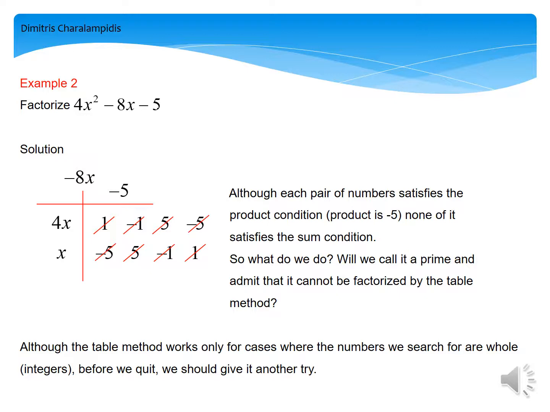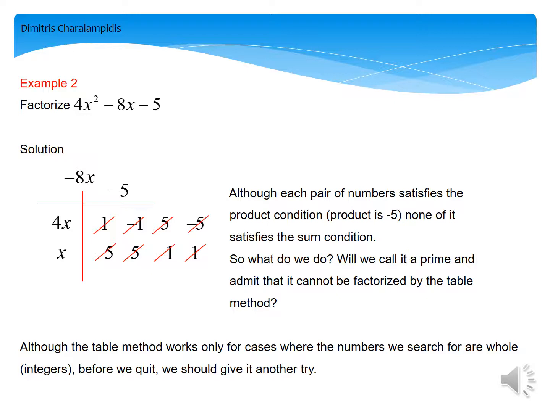In other words, we should write all those numbers that, if multiplied, give us number -5. These pairs are 1 and -5, -1 and 5, 5 and -1, and -5 and 1. But look here that although each pair of numbers satisfies the product condition, they all give us a product of -5, none of them satisfies the sum condition.